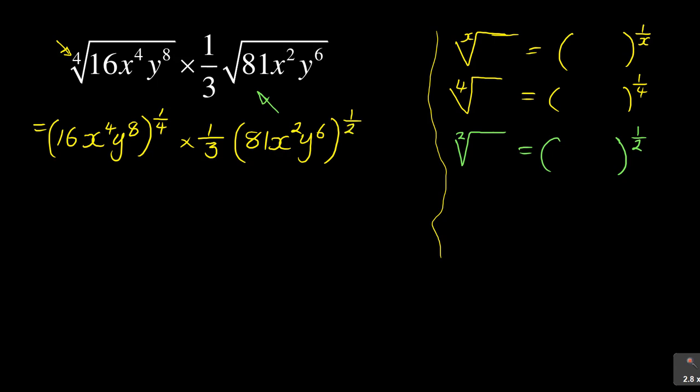So this is where they wanted to catch you on. Look at how we did our 1 over 4 and look at how we did our 1 over 2. So that is the main part that they wanted you to check there.